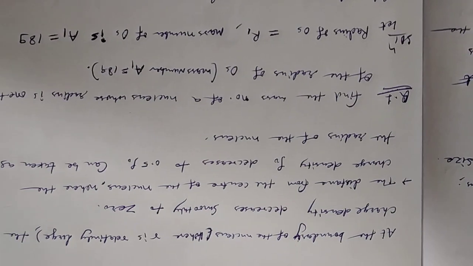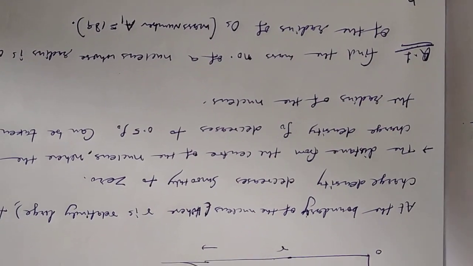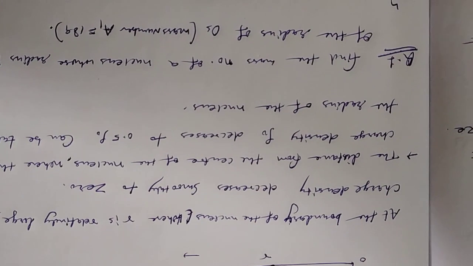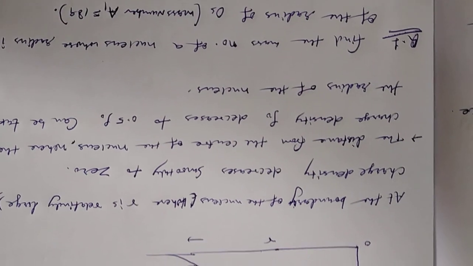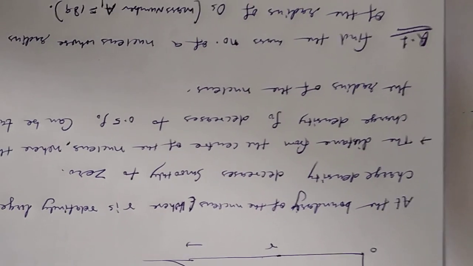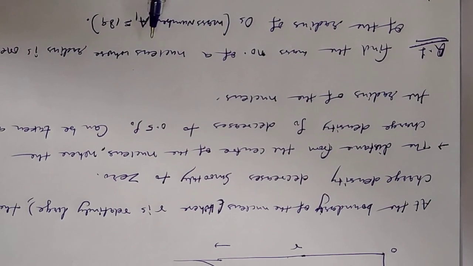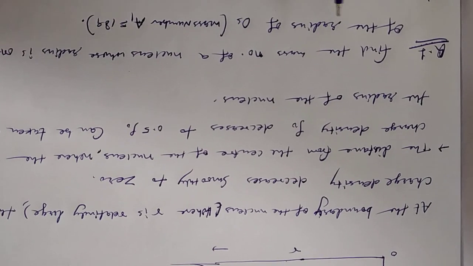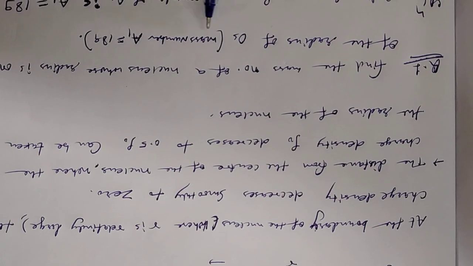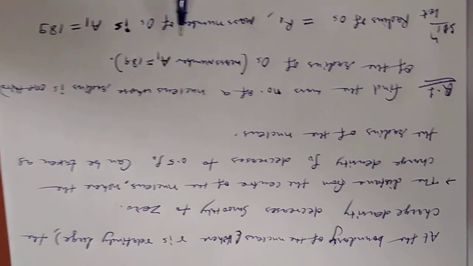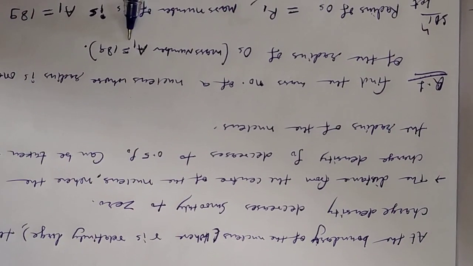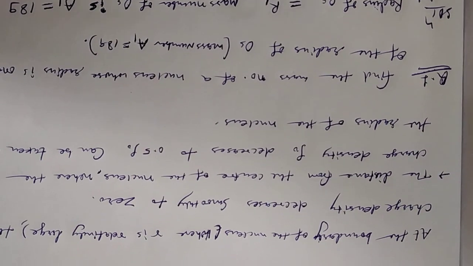Now we will take one example based on this formula. Find the mass number of a nucleus whose radius is 1/3 of the radius of osmium, for which the mass number A1 is 189.